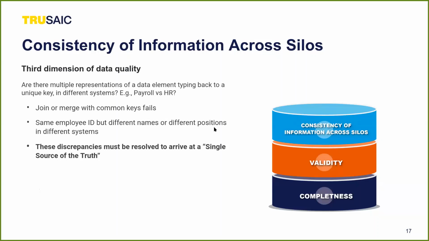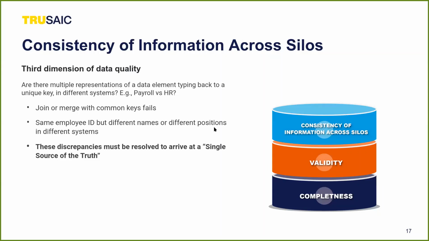Perhaps the same employee ID, but different names or different positions in different systems, particularly different positions. Some are static records that are just recording their current position, and other systems will be recording historical positions, and so there'll be mismatches based on that. So these discrepancies have to be resolved in order to arrive at a single source of truth.